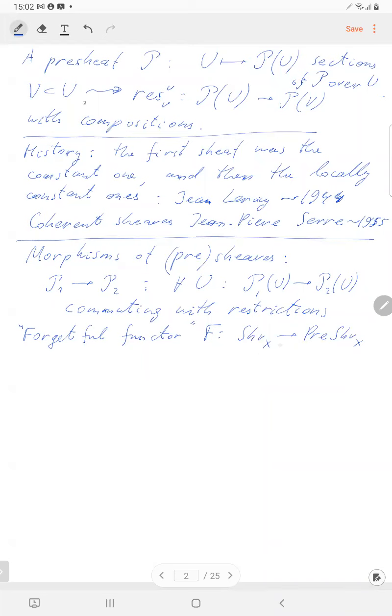So certainly each sheaf is a pre-sheaf, and this is just it. Okay, and the point is that this functor F admits a left adjoint.